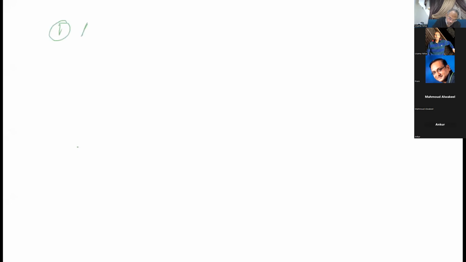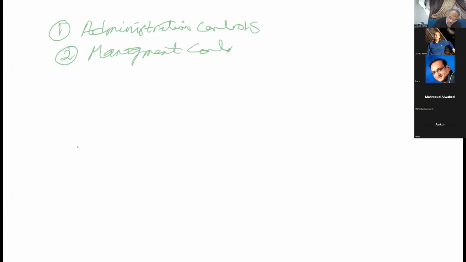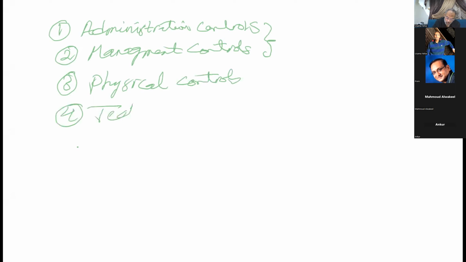We have administration controls, we have management controls, and sometimes both of them are the same. We have physical controls, we have technical controls, and we have compliance controls.